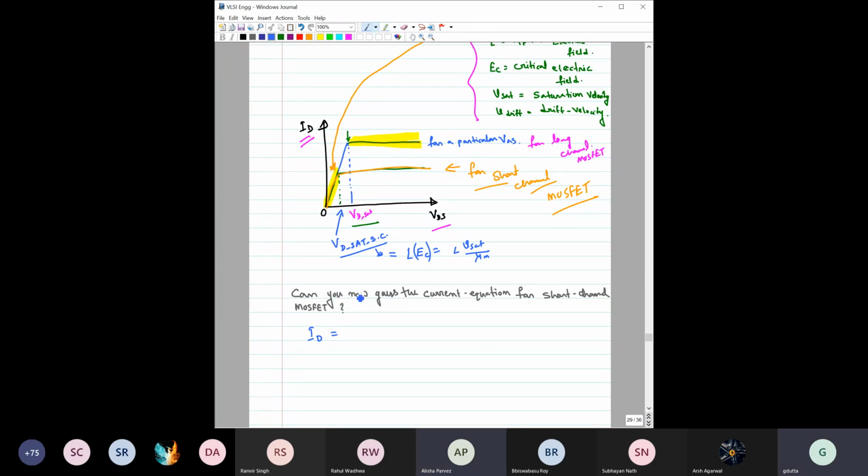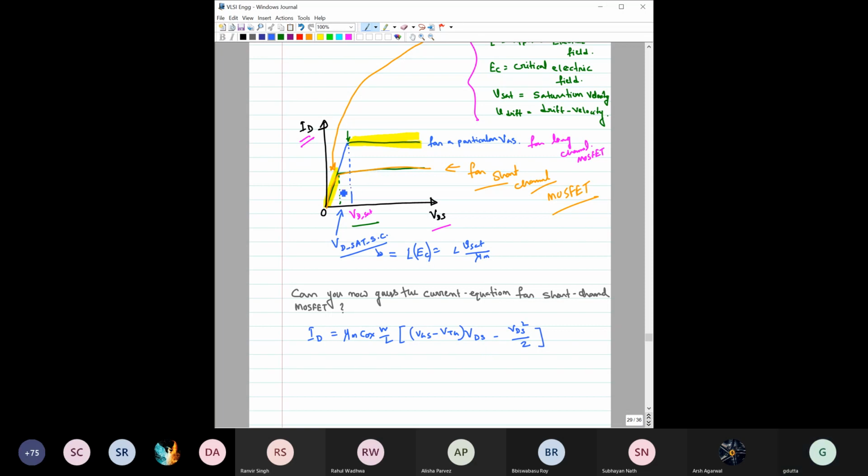So what is the expression for current for a long channel in the linear region? Mu Cox W over L, times VGS minus VTH into VDS minus VDS squared divided by 2. Right? Now think about it. How should we change it here?